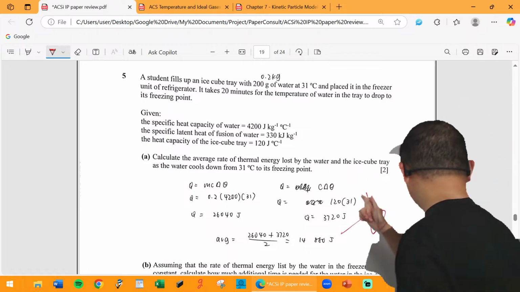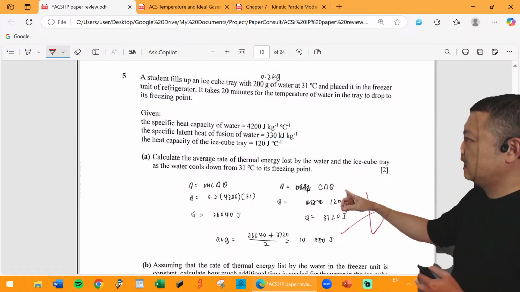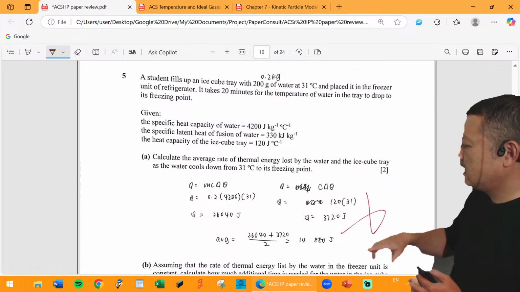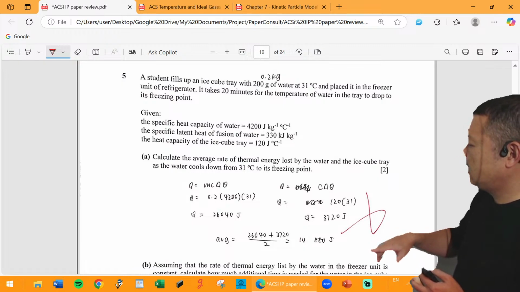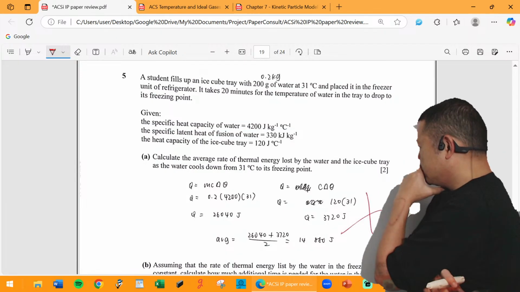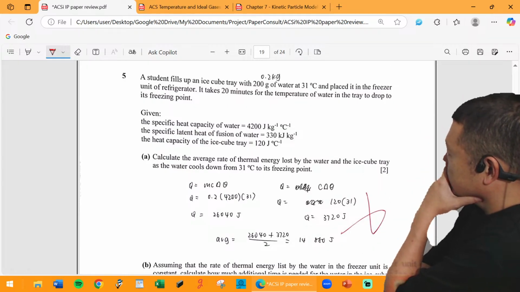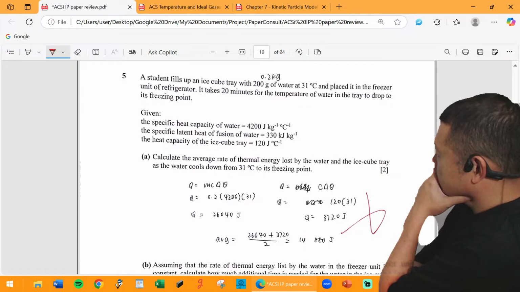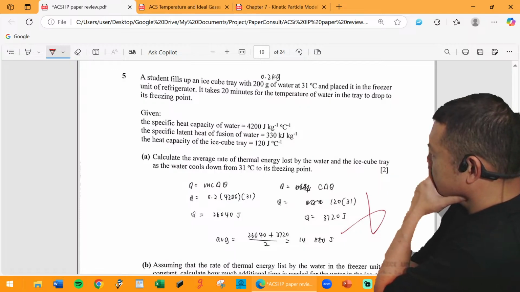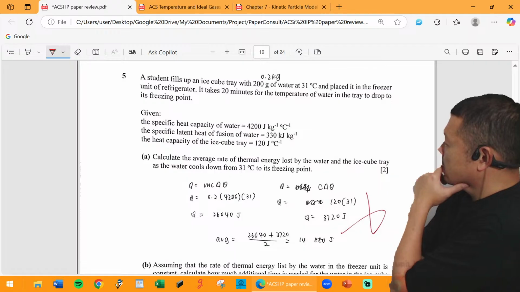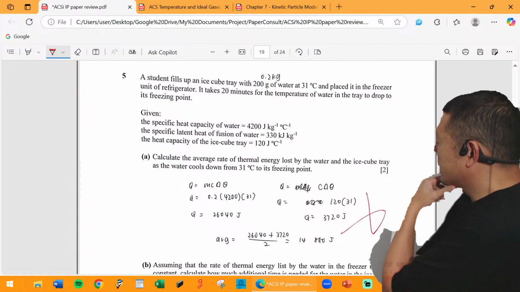This one. I'll try my best. This one. Hey, hey, why didn't you get 1 mark for this one?